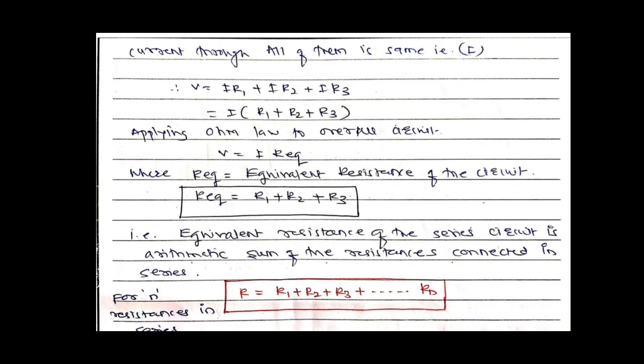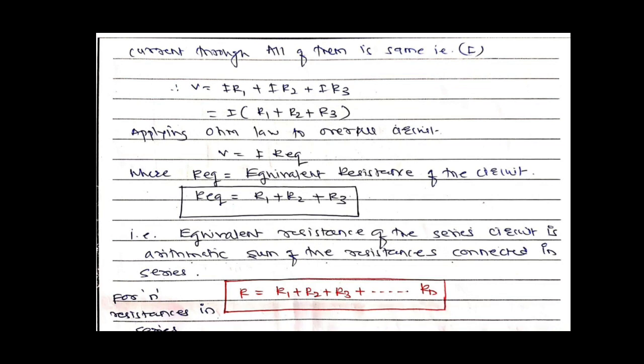Since the current through all of them is the same, V is equal to IR1 plus IR2 plus IR3. Taking I as common, in brackets R1 plus R2 plus R3.